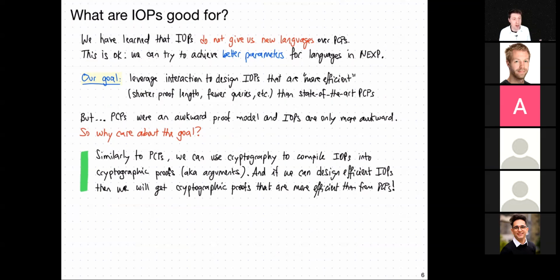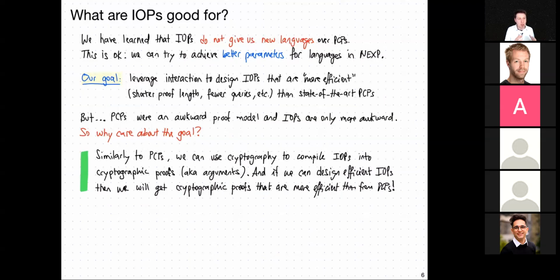Because of this connection, luckily, that exists, if we can design efficient IOPs, then we will get cryptographic proofs that are potentially more efficient than what we could have done starting from PCPs alone, okay? So if you had this compiler from probabilistic proofs to cryptographic proofs, now what we're basically saying is, well, ultimately what we cared about was anyways a cryptographic proof.